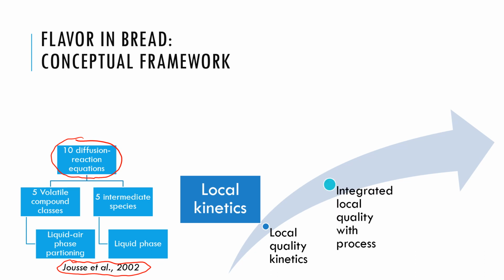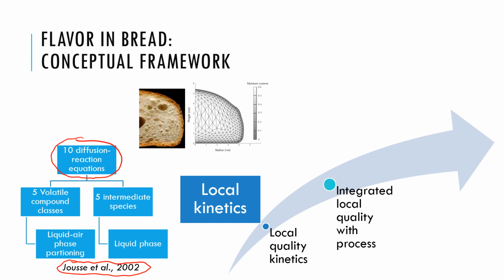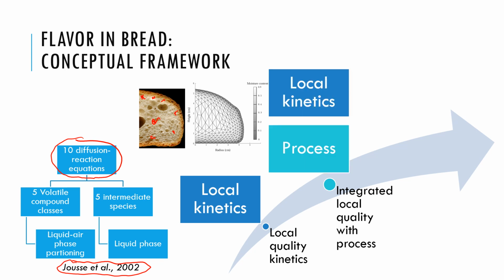So then we need the process physics. Process physics for bread baking would give me temperatures or moistures at any point inside. And now we combine these two to get the local quality. So the kinetics plus the process physics gives me the local quality, let's say the local flavor.